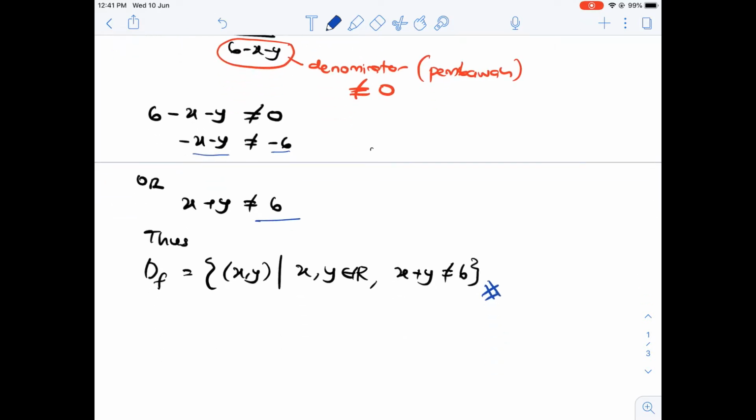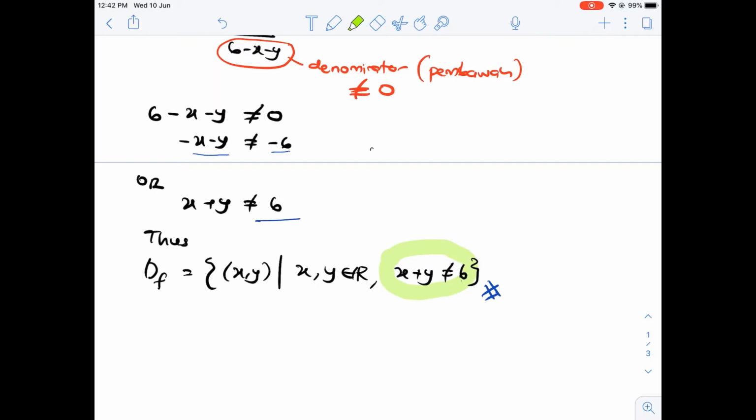So we can rewrite the answer for the domain of f(x,y): x and y elements of real numbers, but x plus y cannot be equal to 6. So this is the restriction here.